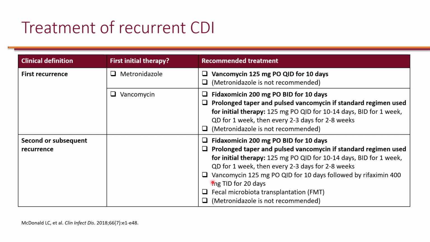So we basically do vancomycin lower dose for 10 days, followed by a chaser of rifaximin 400 milligram 3 times a day for 20 days. Now, for these patients, the guidelines also recommend fecal microbiota transplantation, which is a controversial topic. And of course, metronidazole is not recommended for these patients.